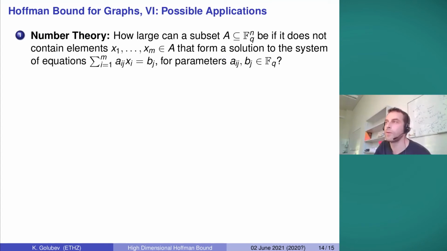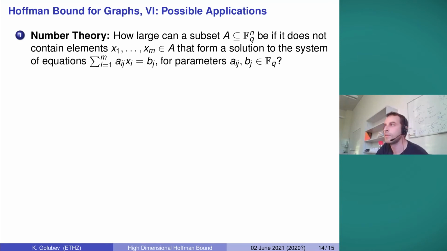The original Hoffman bound can be applied in many settings, but its drawback is that it can only be applied in settings where your constraints are binary. You're talking about constraints on pairs of things. The moment you have a problem which involves constraints on tuples, then it's not a graph problem anymore, it's a hypergraph problem. So there are some problems which we reformulate in terms of hypergraphs.